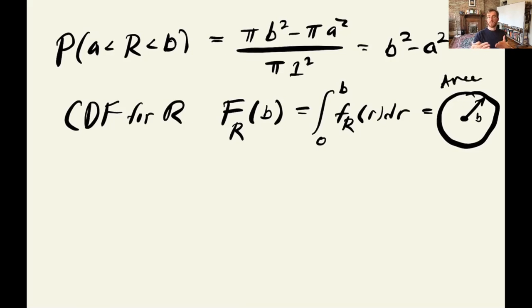So now we're just asking, how does area grow as a function of the radius b?